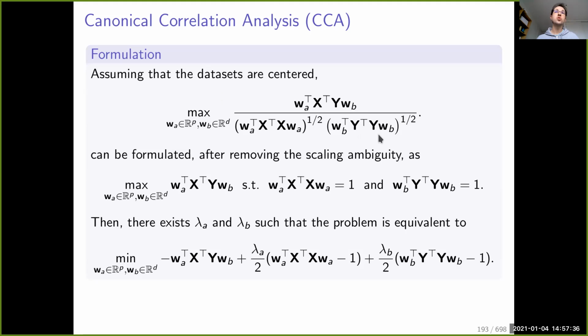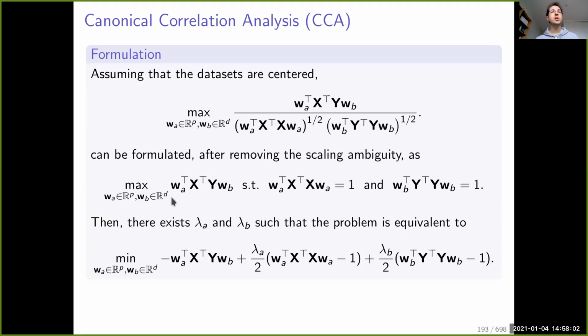And among the solutions of this problem on the top, focus on the following ones. You simply maximize WA times X transpose Y times WB, such that the variance terms are equal to 1. And the solutions of these problems are also solutions of the problem on the top.